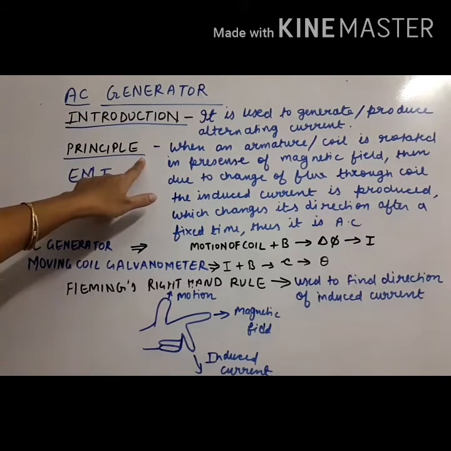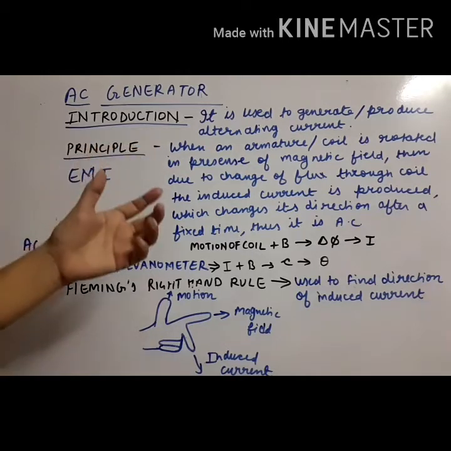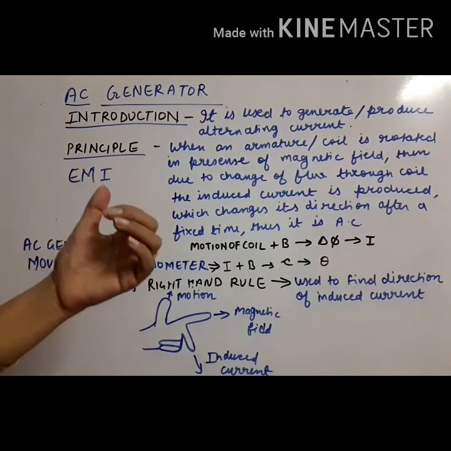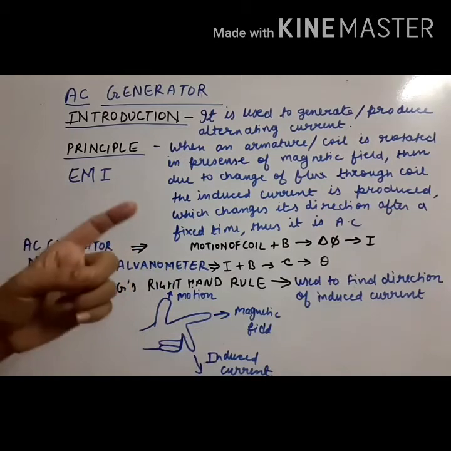So basically we are going to generate one current and we will take the help of the induced current concept. In which cases is the induced current produced? Whenever the change of magnetic flux takes place, then induced current is produced.